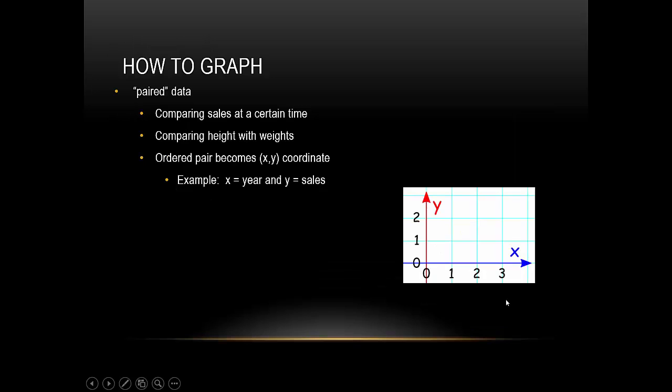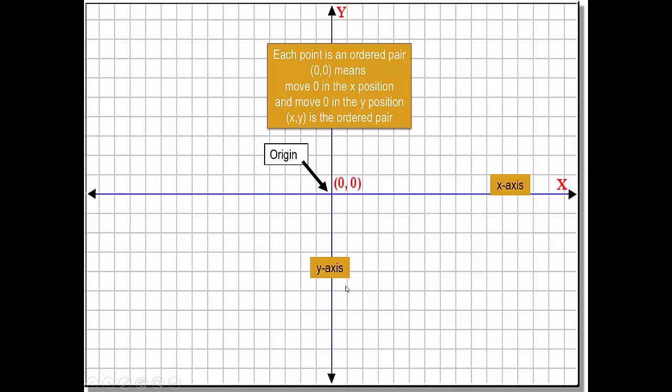We start out with the basics of a graph, which is paired data, such as comparing sales at a certain time, comparing heights to weights. And these paired data in the math world we call XY coordinates. So this Cartesian coordinate system here is made up of our x-axis, our horizontal axis, and our y-axis, our vertical axis.